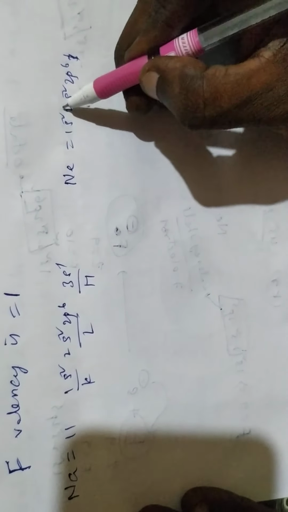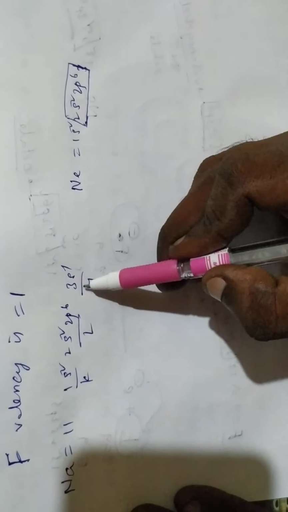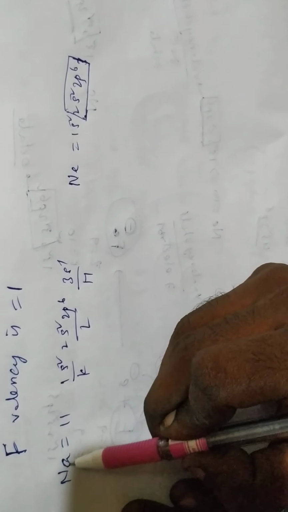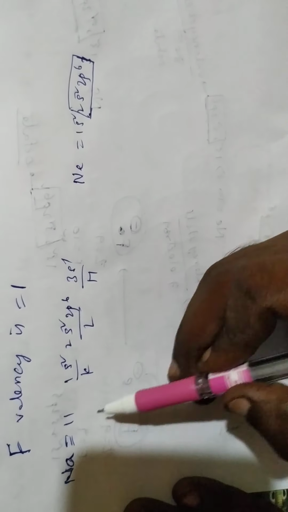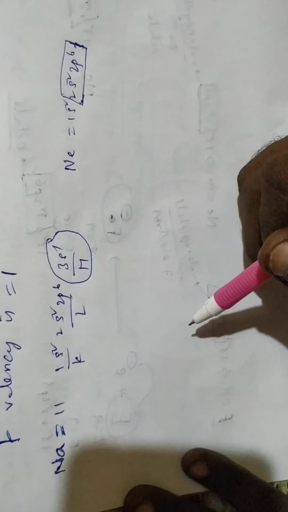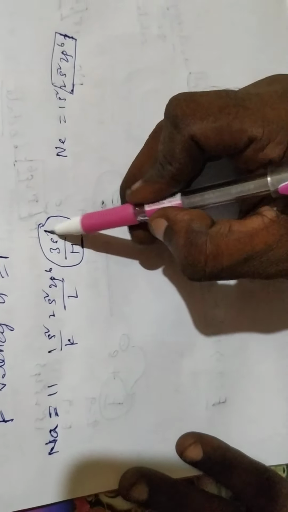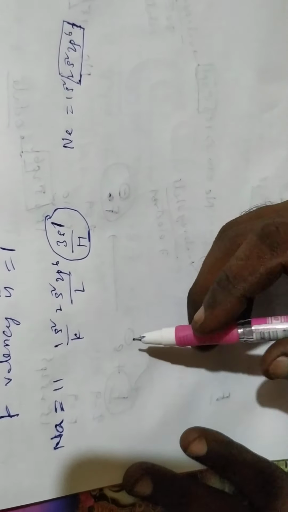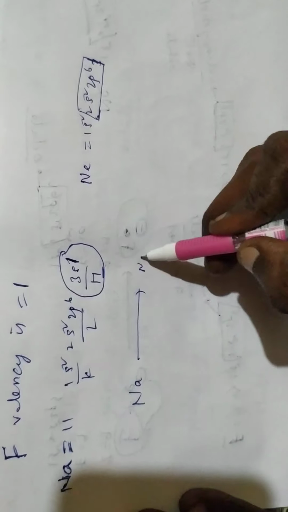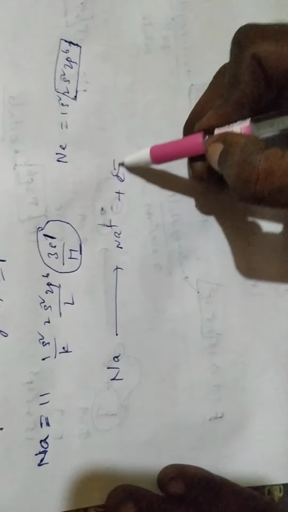How many electrons does sodium have in excess of neon? 1 electron, the 3s1 electron. That electron is in excess, so it is removed. The electron is lost, and Na becomes Na plus.